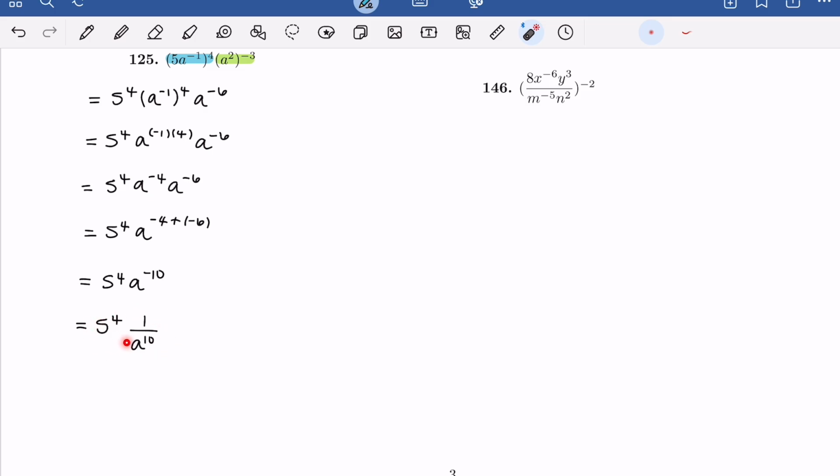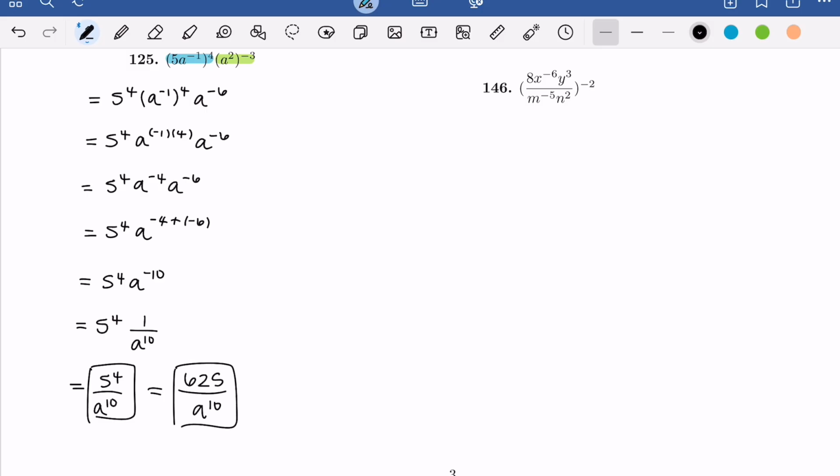So in order to simplify this, kind of condense it, we're just multiplying straight across. So this is going to be 5 raised to the 4th power over a raised to the 10th power. And then this is acceptable as a final answer, or we could evaluate that 5 raised to the 4th power. This is going to be 625 divided by a raised to the 10th power. So either one of these are acceptable answers.